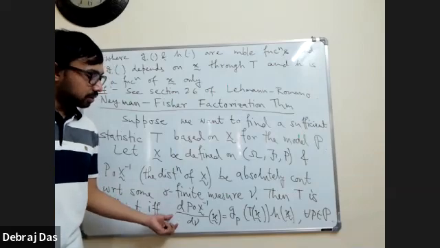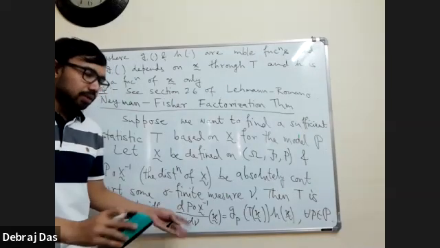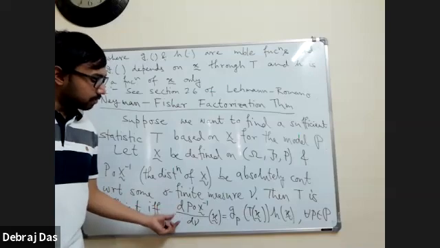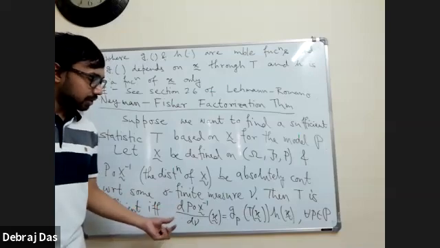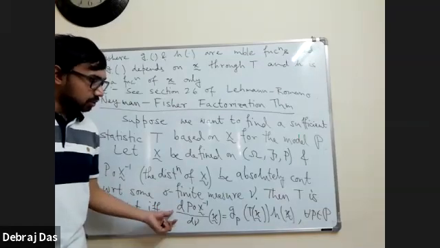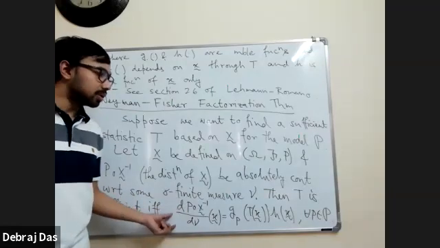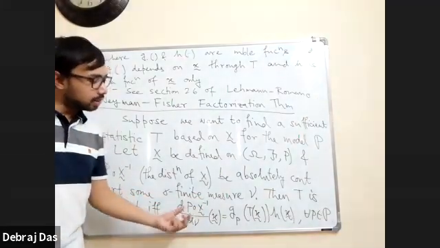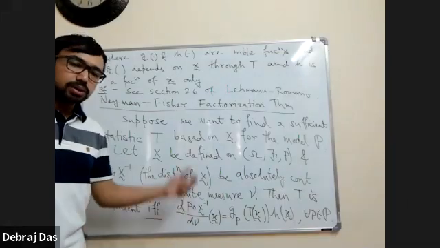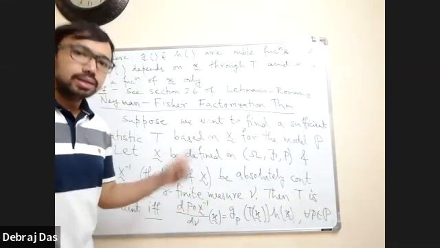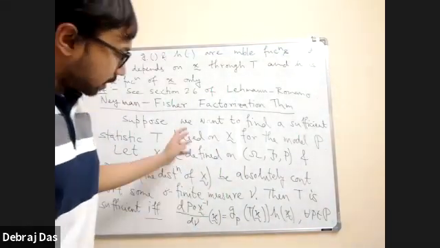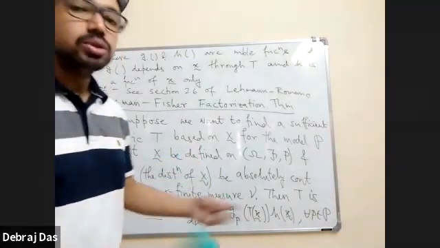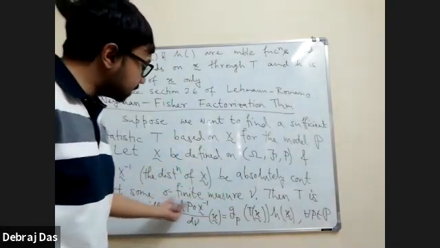Why? Because till now you only know that if it is PDF or PMF, that means if it is absolutely continuous with respect to Lebesgue or absolutely continuous with respect to counting, then only the Neyman factorization theorem can be applied. But that is true, but the factorization theorem is actually much more general. You can consider any sigma finite measure.